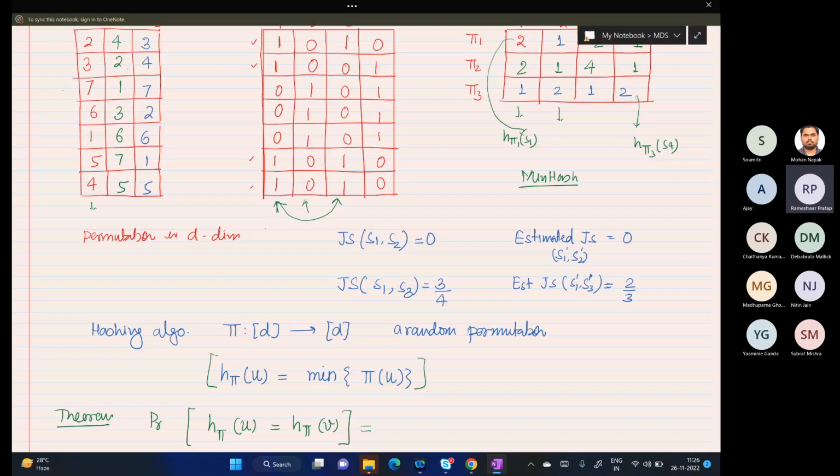In general, what could it be? The size of the intersection. So the favorable case is the size of the intersection between U and V. And what are the total possibilities?